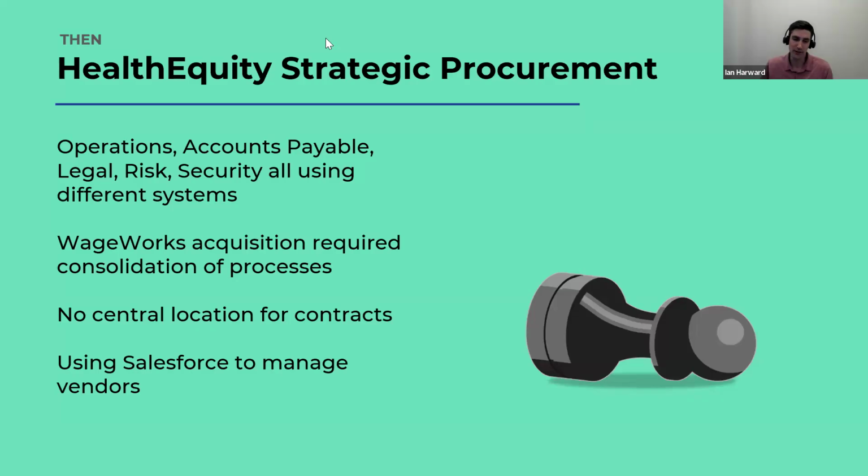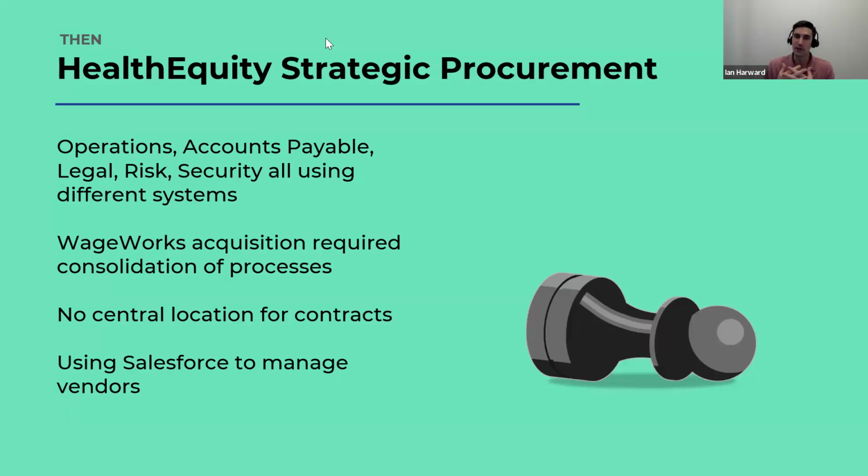Yeah, totally. So even before I met Conrad, we were tasked with building this procurement function. There was a lot of work ahead of us, trying to get processes in place and position procurement in a really strategic place. In 2019, the WageWorks acquisition really threw this front and center.